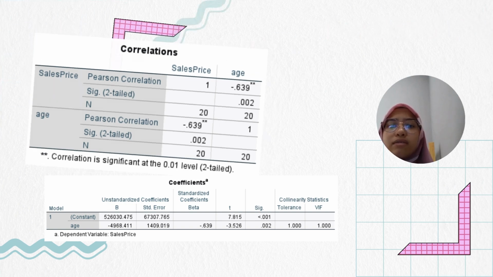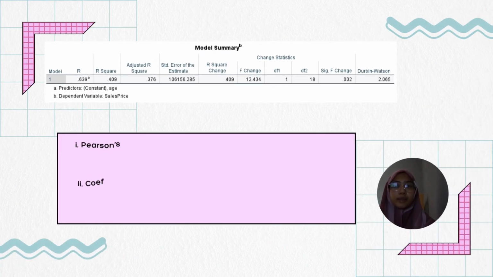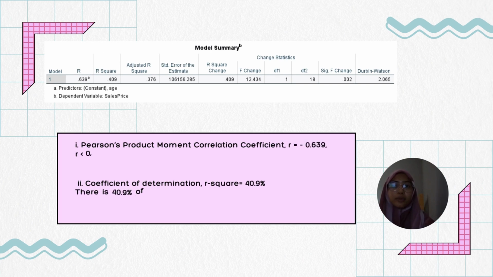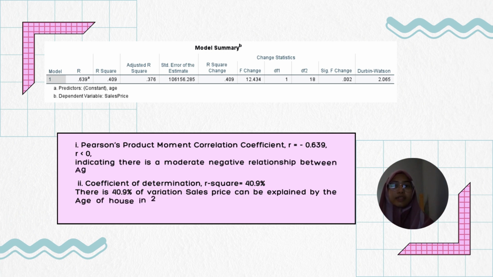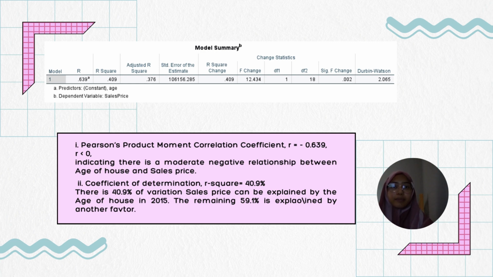Also, model summary for Pearson product moment correlation coefficient is R equal to negative 0.639. The interpretation will be there is a moderate negative relationship between age of house in 2015 and sale price.